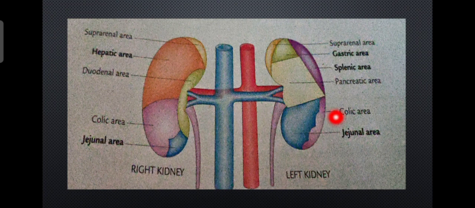So here we cannot see the flexure. So the major area occupied is by the jejunum, and the colon occupies a slightly smaller area. So thus the relations of the left kidney are explained. These are the anterior relations of both the kidneys. It's very easy to understand, just open your book and read it.